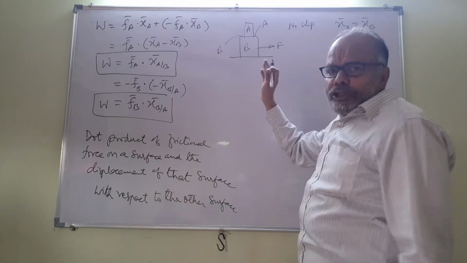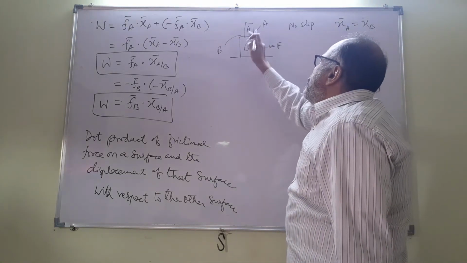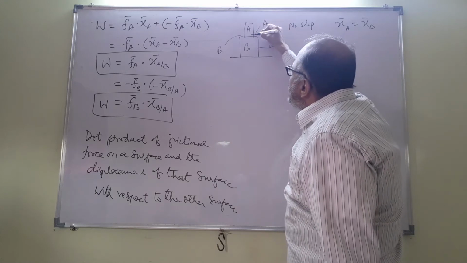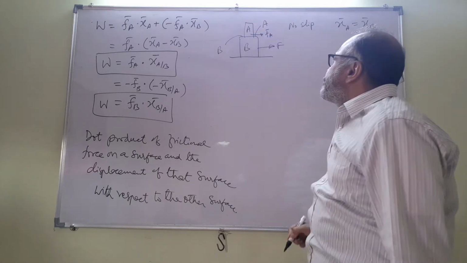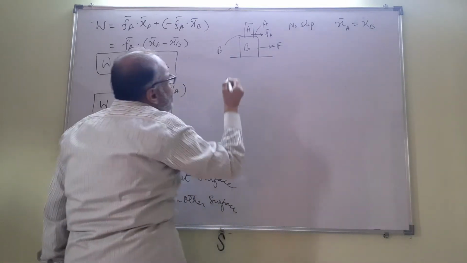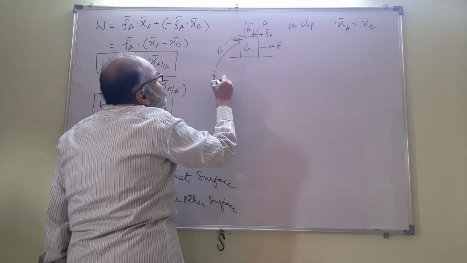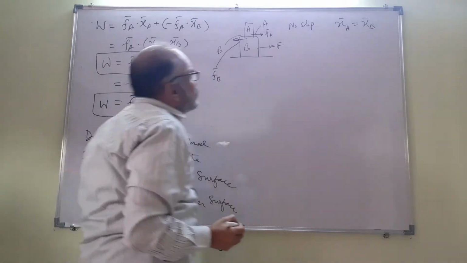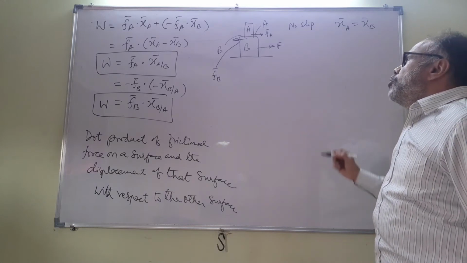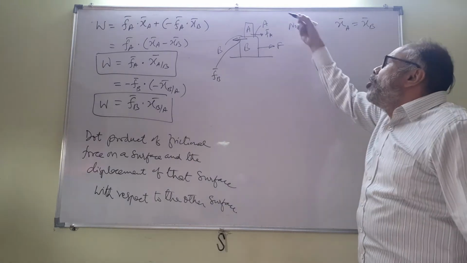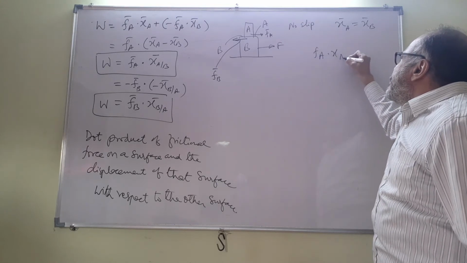Now, what about the frictional force? How is the frictional force going to act? If the surface is rough, obviously the frictional force on A will be in this direction. The frictional force on B, by Newton's third law, will be opposite. We are calling it FB. So, if you want the work only on A, it will be FA dot XA.